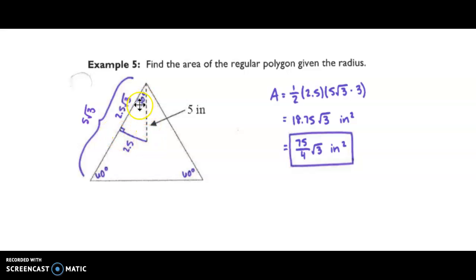Special right triangles keep coming up. This is 5, that's the hypotenuse, that's the radius, because remember it goes from the center to the corner, and so this must be the shortest side. That's half of the hypotenuse here.